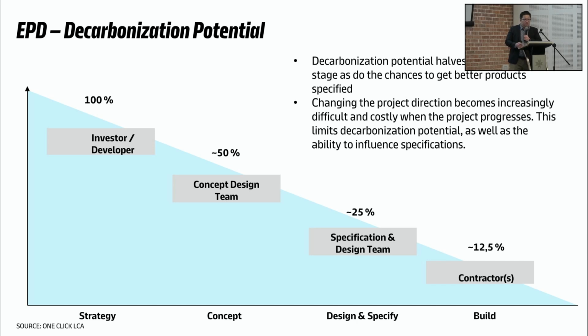And the chances to get products improved become more difficult. For example, at the early stage, if you want to pick and choose the right material through EPD, you can do it. But once you enter into the concept design stage, the chances become 50%, and so on and so on. It's getting more and more difficult, right?